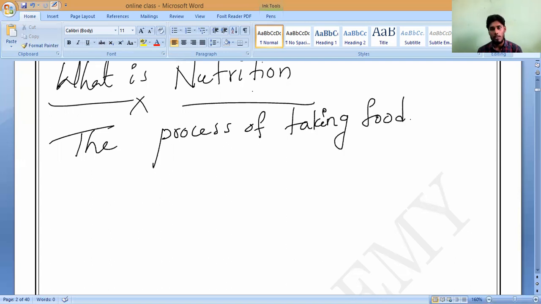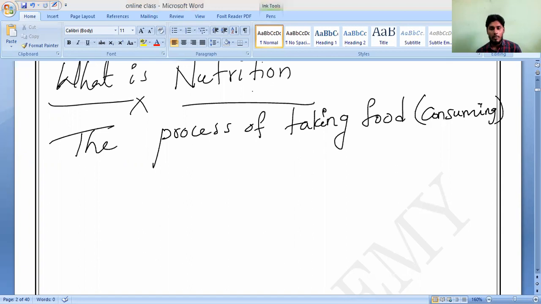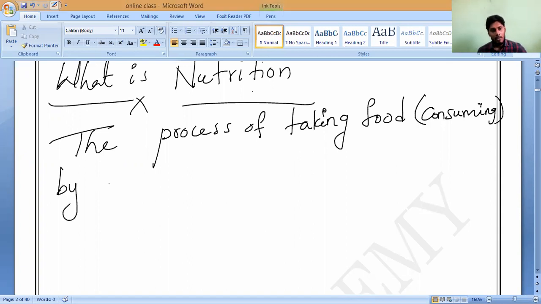Okay, no issues. The process of taking food, also what is a suitable word? Consuming. Understand? The process of taking food or consuming food by an organism. What is the organism here? Maybe a plant, maybe an animal.